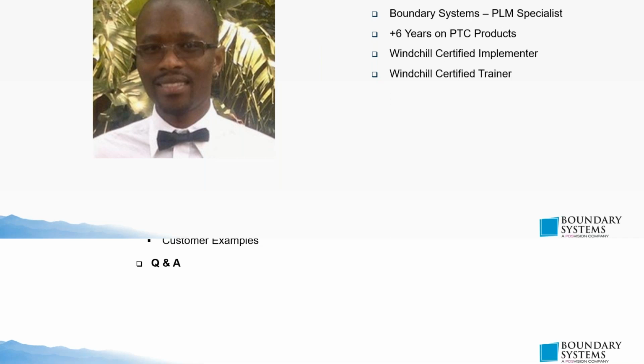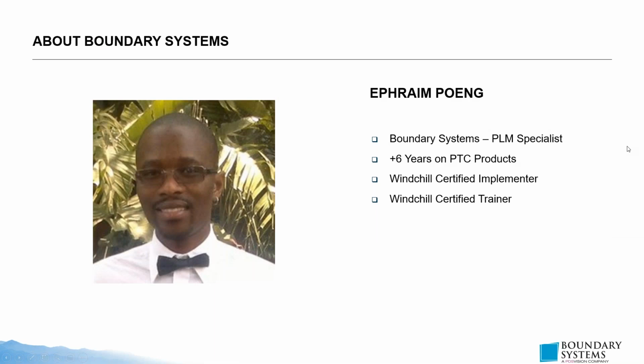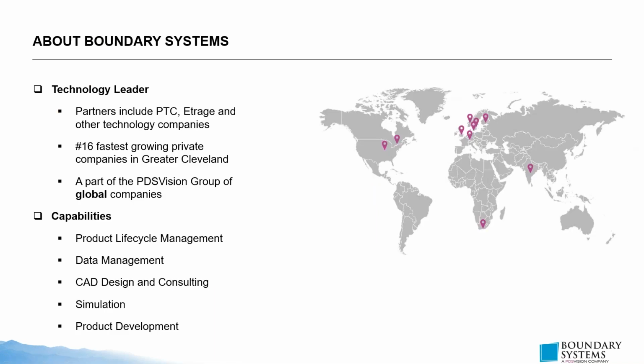Next is just an introduction about Boundary Systems. We regard ourselves as the technology leader, with PTC being our main partner. There's other partners that we work with. We'll talk about those a little bit later. We are also the number 16 fastest growing company in the Greater Cleveland area, and also part of the PDS Vision Group of global companies.